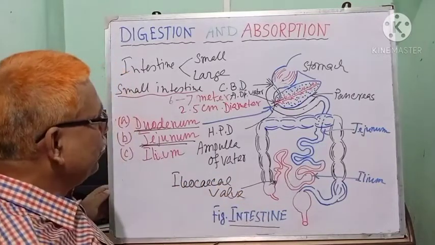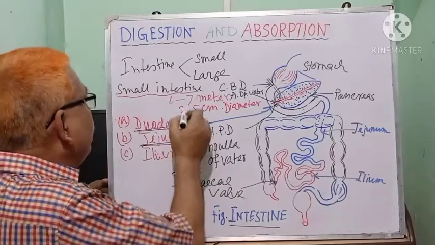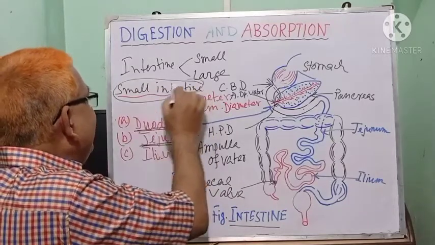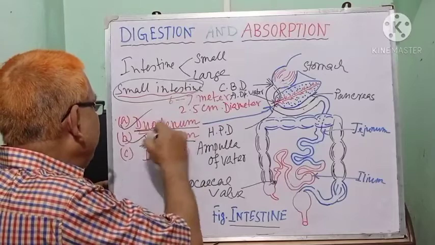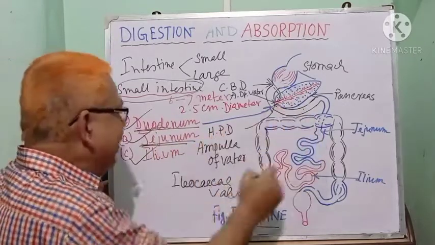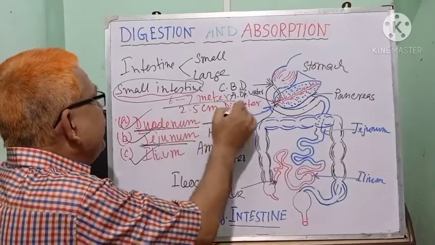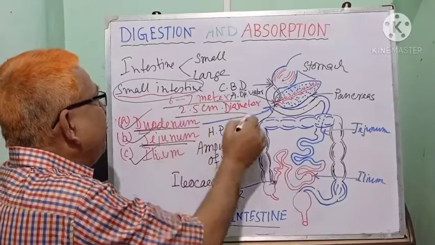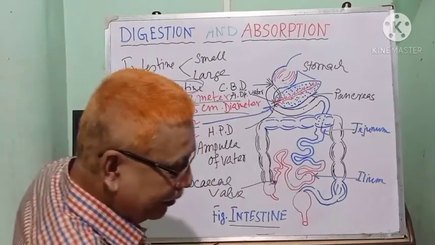Okay, so this is all about small intestine. It is divided into duodenum, jejunum, and ileum. Small intestine is about 6 to 7 meter in length and 2.5 centimeter in diameter.